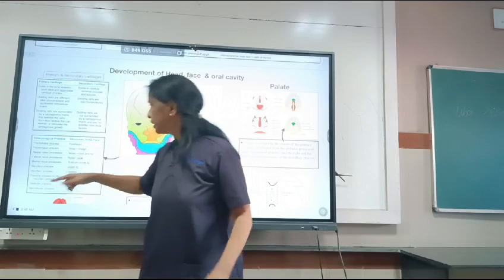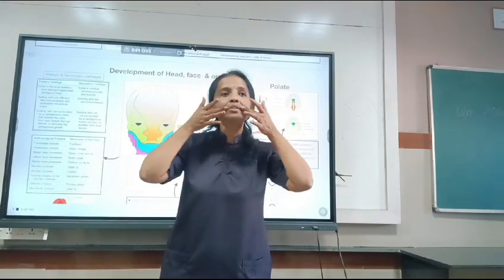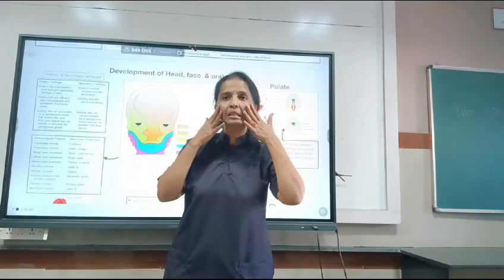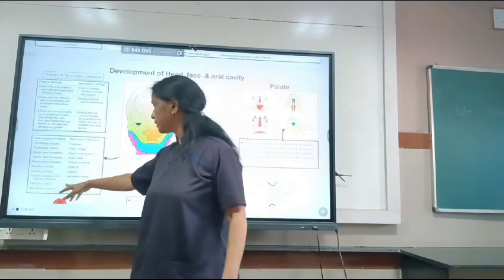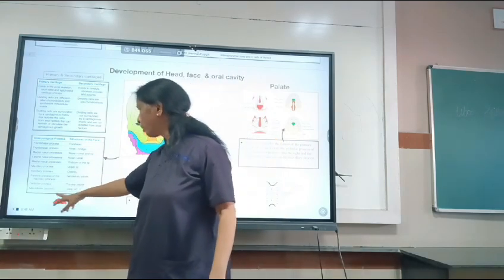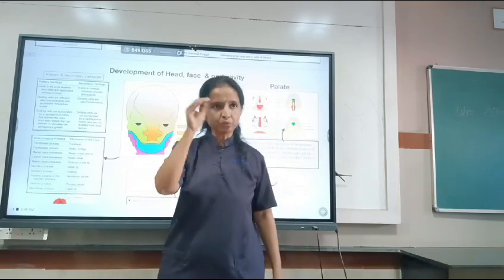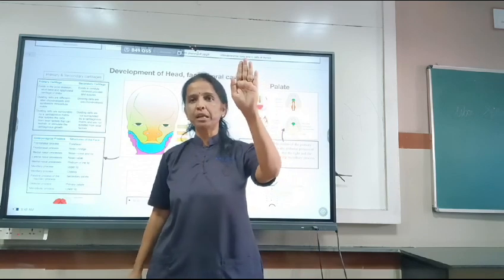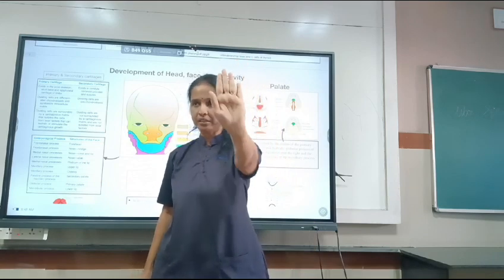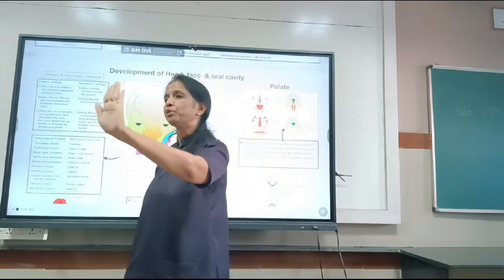And then the maxillary process also gives rise to the cheek region. And the most important thing is the globular process, which is in the front. That is also part of the maxillary process. I am repeating. Imagine maxillary process like this, not like this. I am just showing you for you to understand.